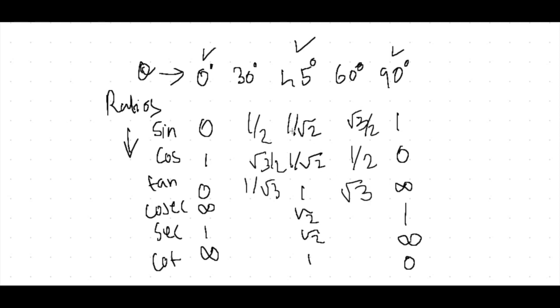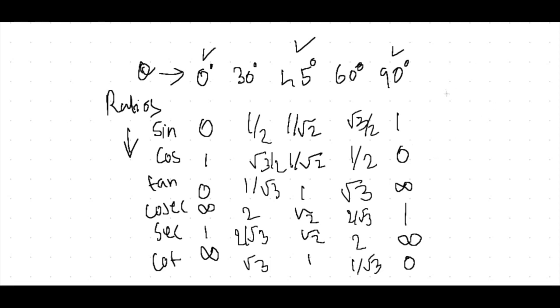And again, the reciprocal of these are 2 by root 3 and root 3, and this would be 2 by root 3, 2, and 1 by root 3. So that's pretty much it, how you memorize a table.